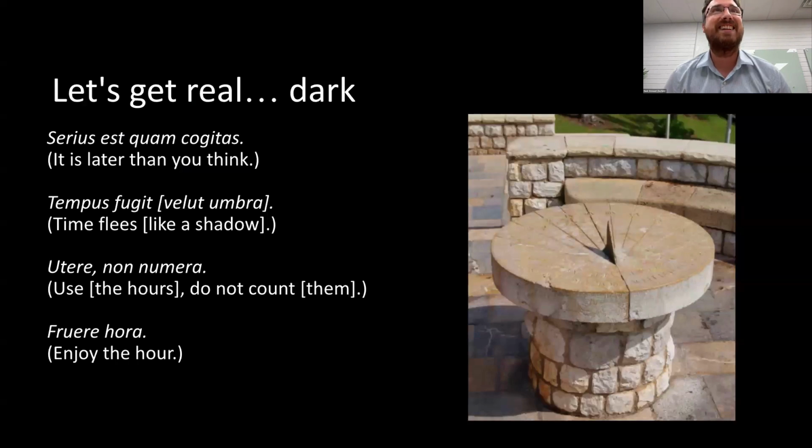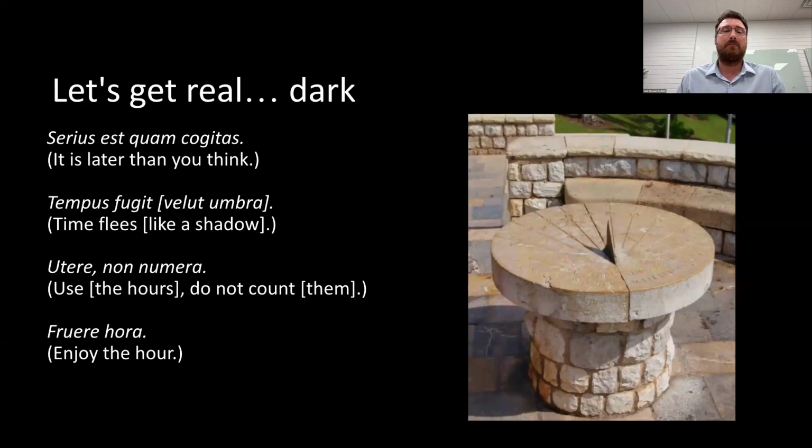Okay, let's start with a thought here. This is kind of our warm up, or our bell ringer, if you will. I recently learned about Roman sundials from a podcast. What I learned is that for centuries, people would create Roman sundials, and then they would place them all over.